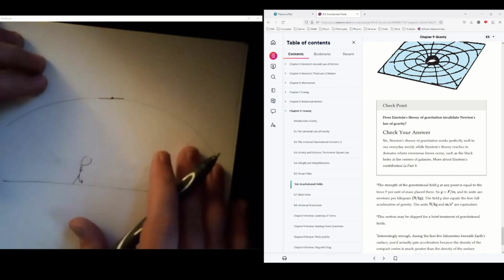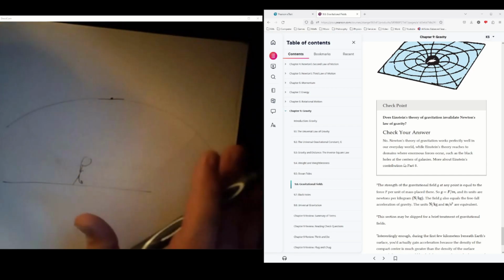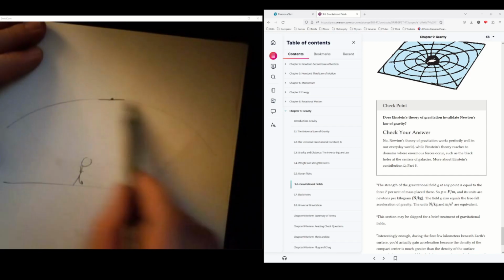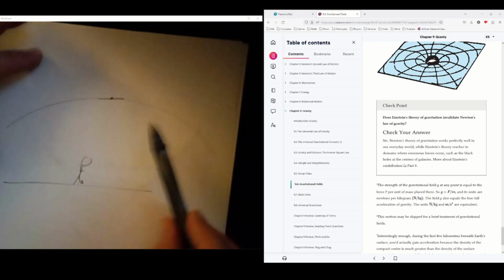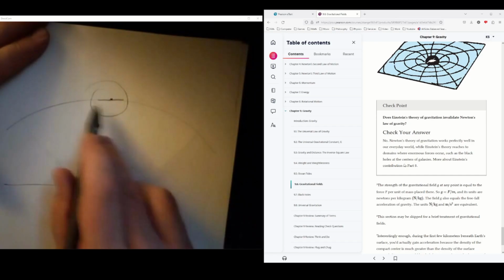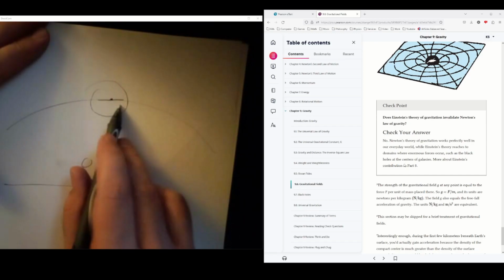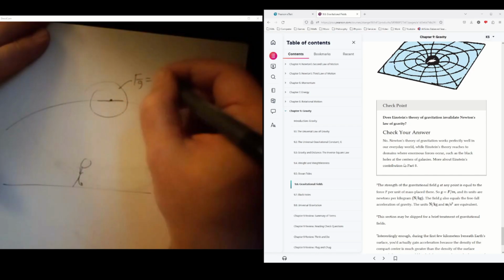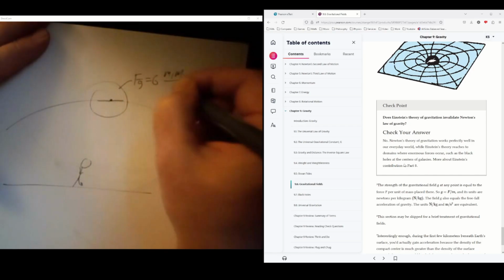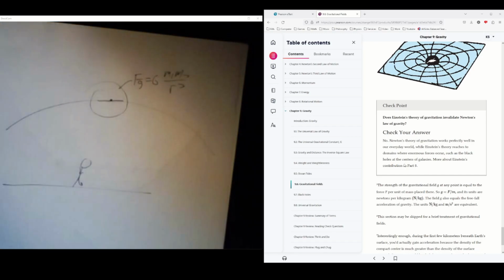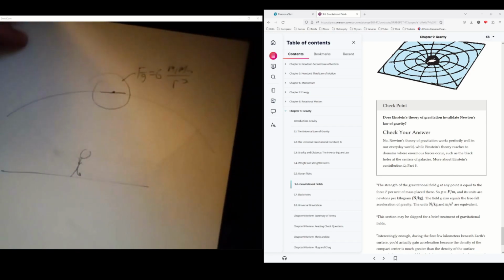And this is what happens with Einstein's gravity. Einstein says the universe is curved. But if we look at a very small portion of space like this, we can see it's flat. And in this flat area is where Newton's gravity will still work. But beyond this flat area, it's not going to work anymore.